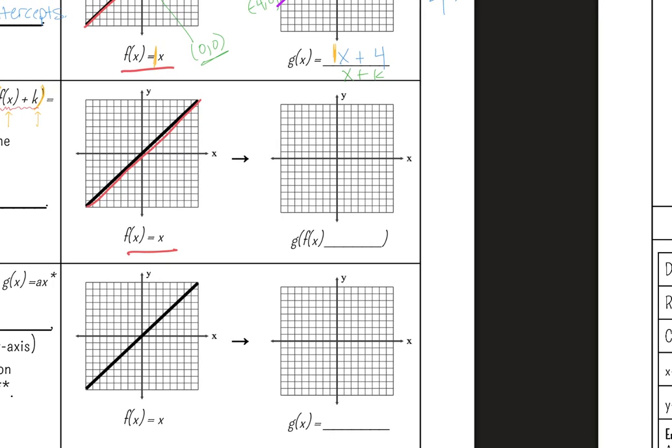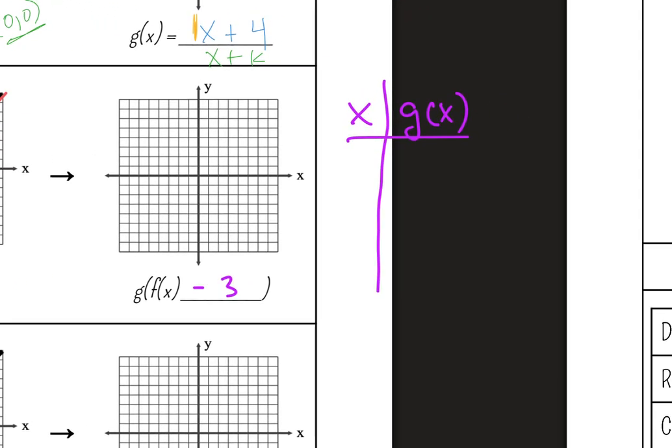And if we were to do f of x, let's just do minus 3. So here's what it would look like. g of x, okay? It is going to look a little complicated because our g of x is made up of f of x minus 3.